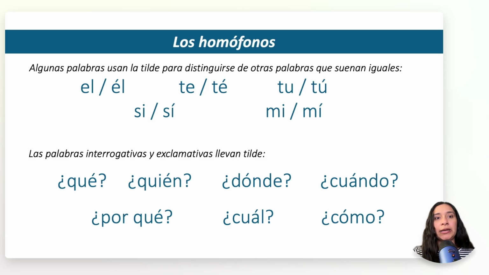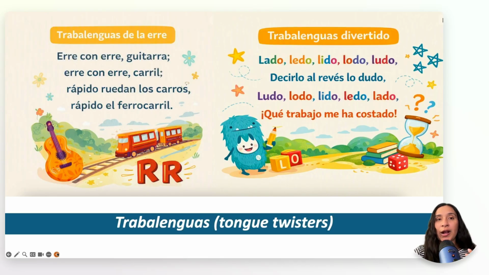So keep that in mind as well. Another way to learn about, well, not to learn, but practice pronunciation is through tongue twisters.